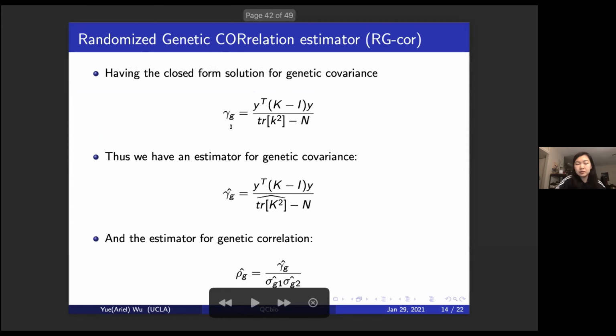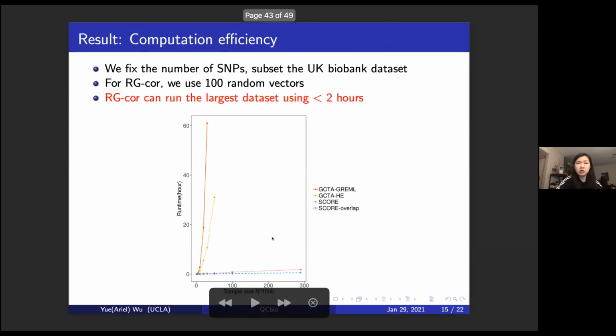So to sum it up, we have the closed form solution for genetic covariance, and to solve the computation bottleneck of the trace of K squared, we use an estimator of it. Then we have an estimator for genetic covariance, and from the previous definition we reach the estimator for genetic correlation.